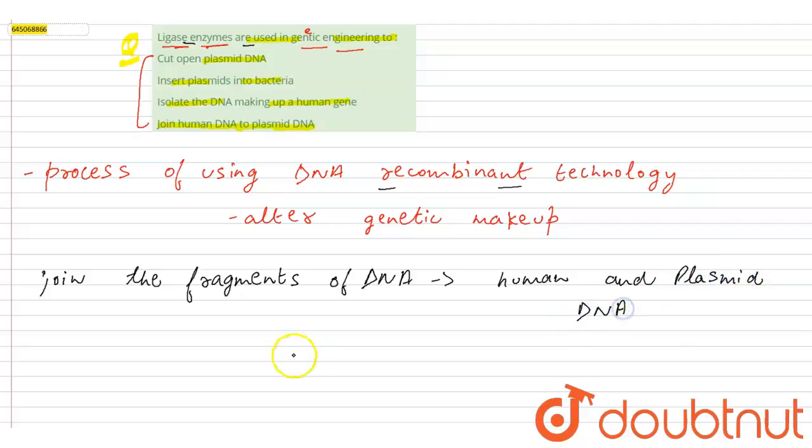So this technique involves the joining of these fragments of DNA, and then this recombinant DNA is produced.